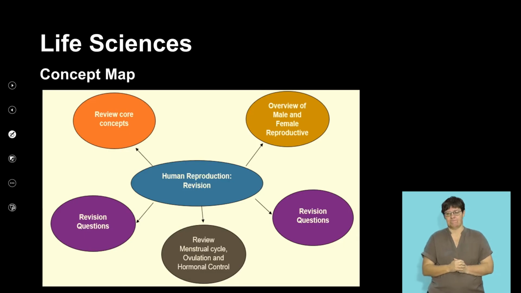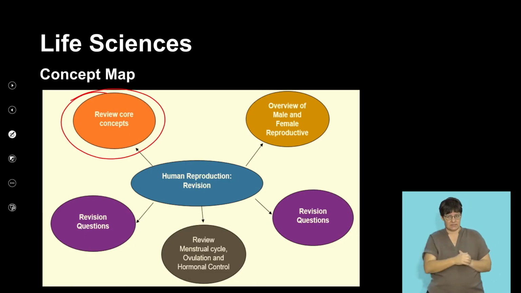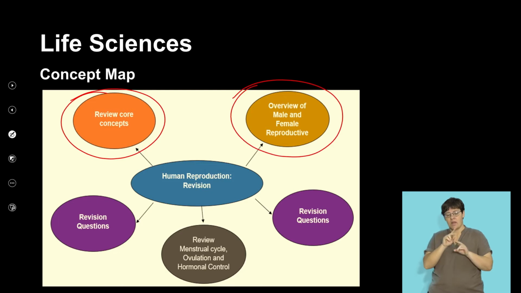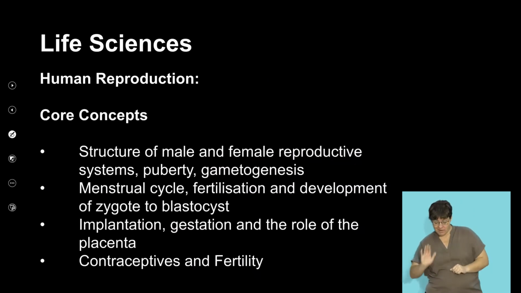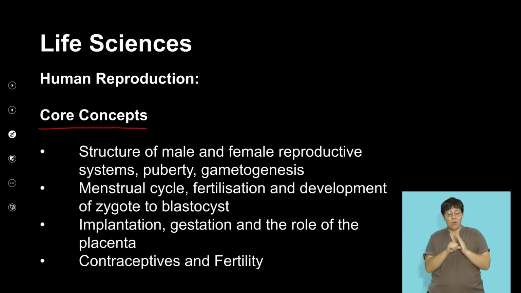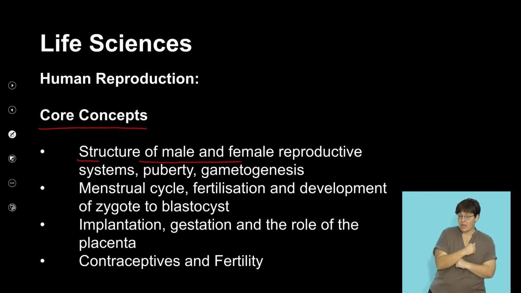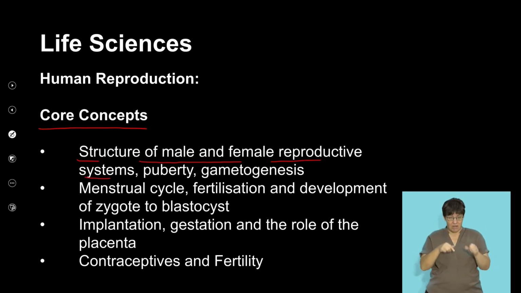So we're going to review some of the concepts, and we're going to look at an overview of the male and female reproductive systems in this segment. Our core concepts, as I mentioned, are important in that we should know exactly what we need to prepare and study for. It's important that you know the structure of the male and female reproductive system. We must understand the changes that occur at puberty and the hormones that are associated with puberty, as well as the process of gametogenesis and gamete formation.